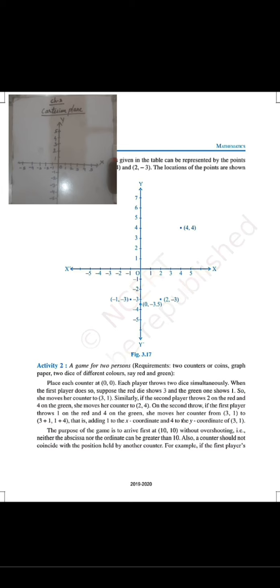Plotting a point in the Cartesian plane can be compared to some extent with the drawing of a graph. We might have observed a distance-time graph and a side-perimeter graph, which we have come across in earlier classes.